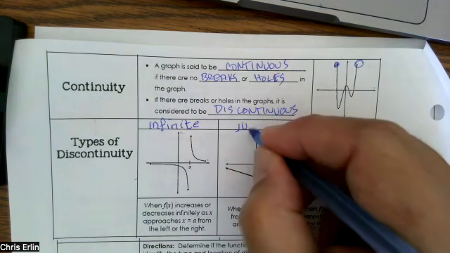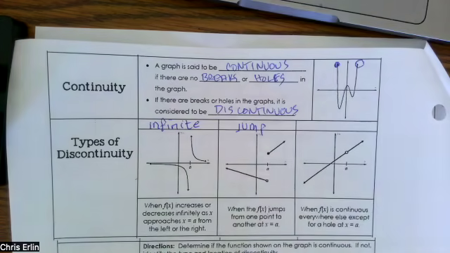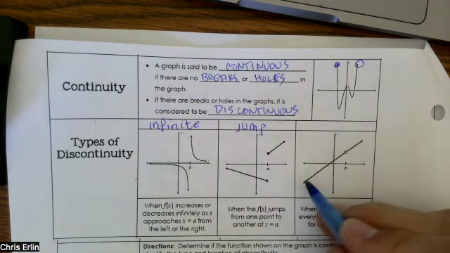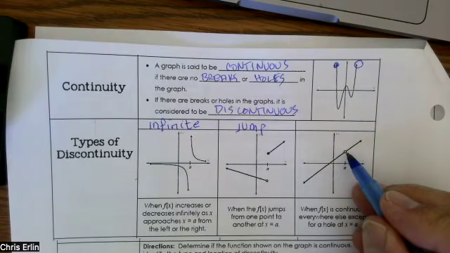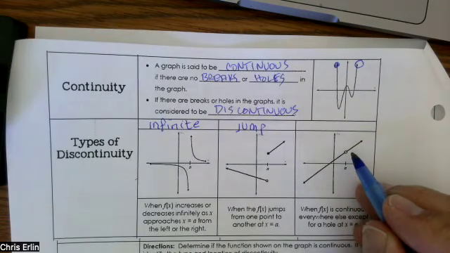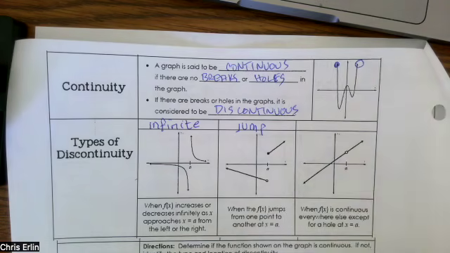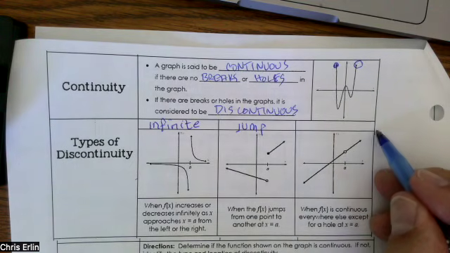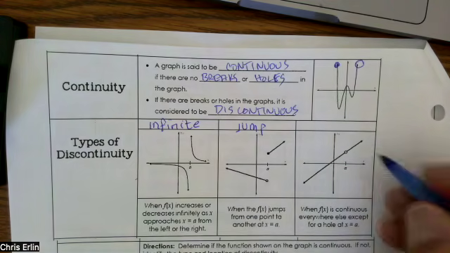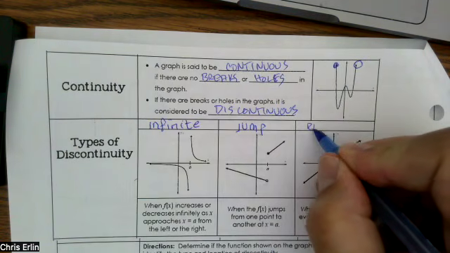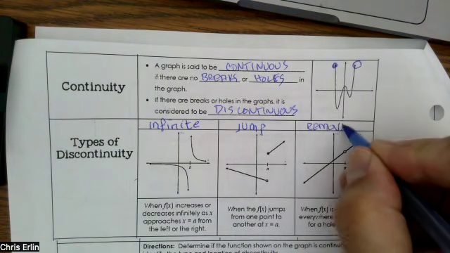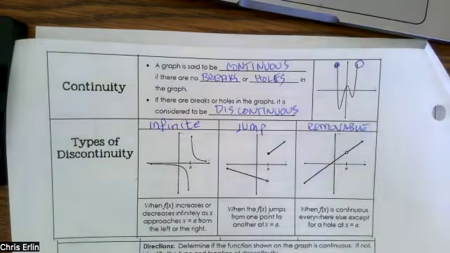This is called a jump discontinuity. And the other is a hole. A hole is a specific restriction on the x value that if you removed that restriction, the function would be continuous. It's otherwise continuous. This is called a removable discontinuity.